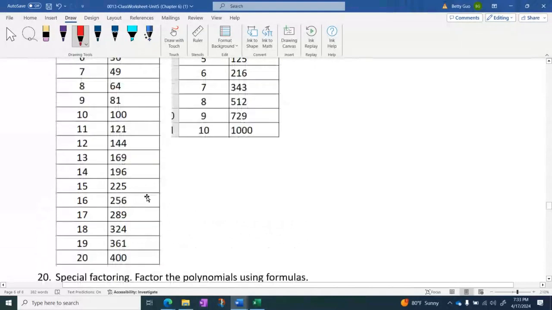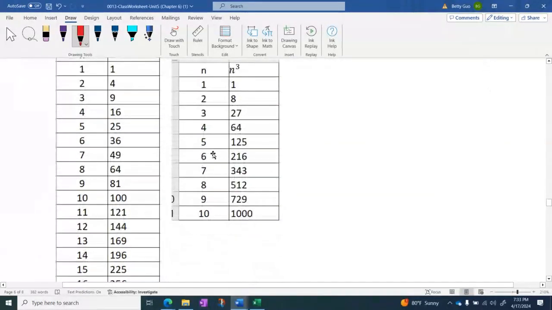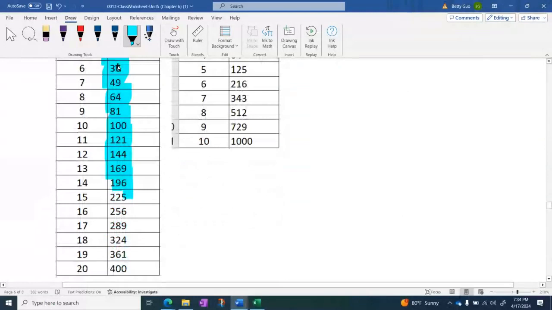My point here is, when you see one of those numbers, you need to know they are special. Why are they special? Because they are perfect squares. For example, when you see 144, you need to know 144 is a perfect square.